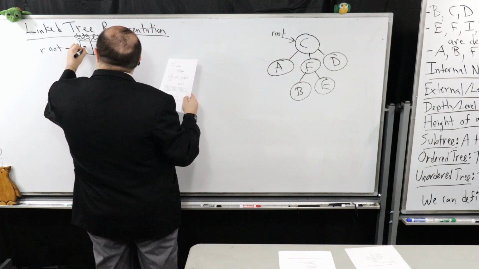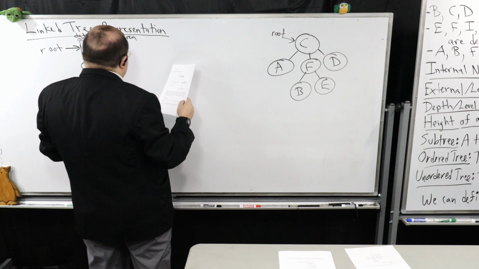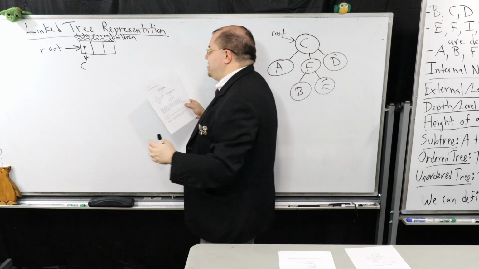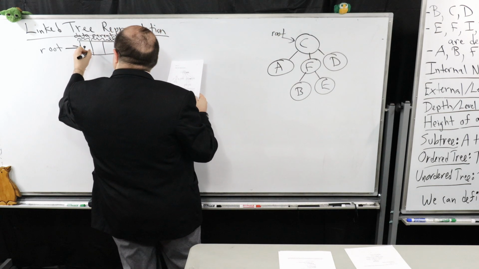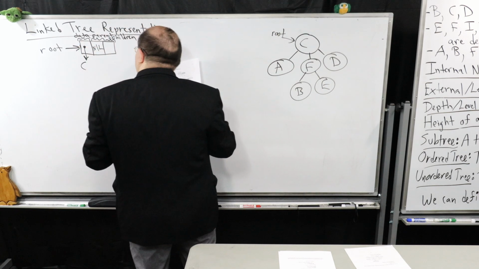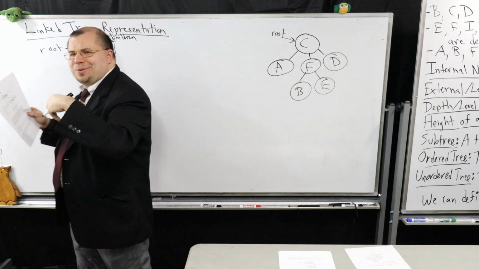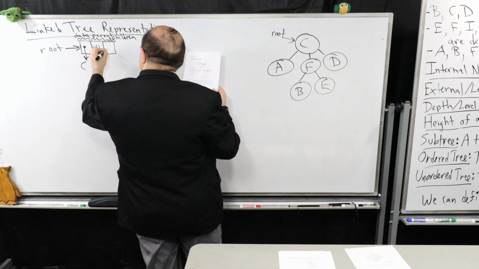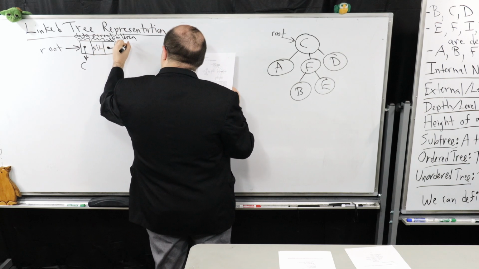So first, for my data, suppose that it's a pointer to some object C, for example. So this is our data attribute. Remember, the root has no parent, so I'm just going to write null or nil. They mean the same thing. And then I'm going to have a pointer to some collection.